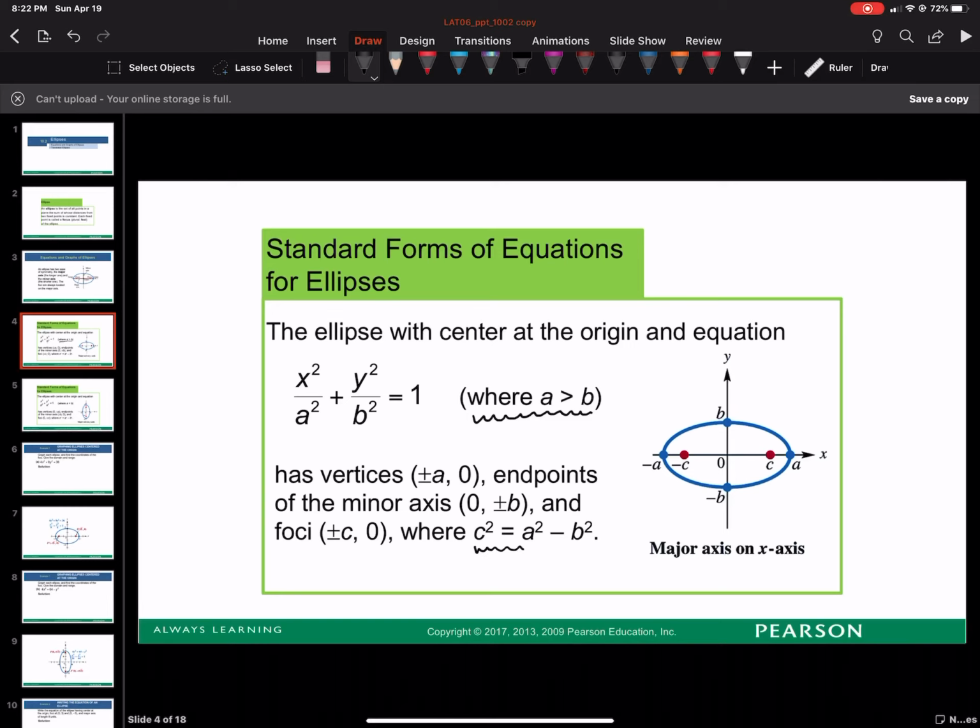So if you need to find the foci points, c squared is equal to a squared minus b squared. To find c, all you have to do is take the square root. So c is equal to the square root of a squared minus b squared.